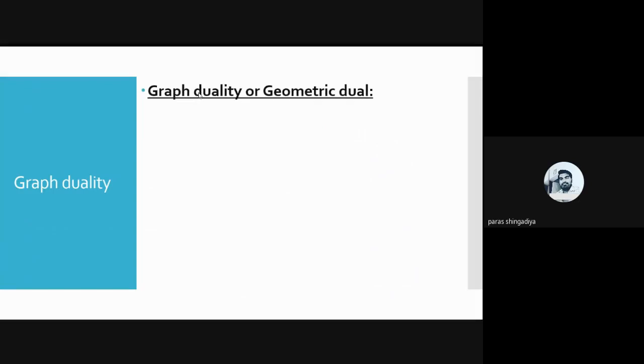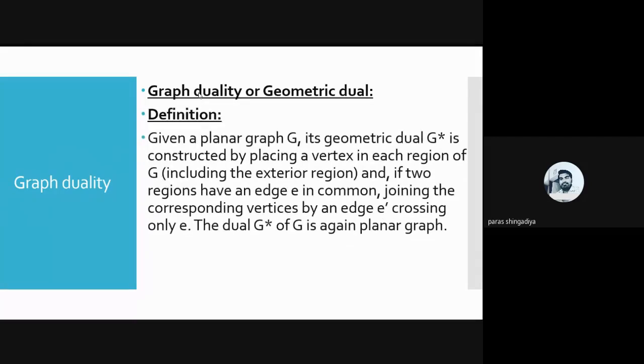Then after that we discussed graph duality, or the geometric dual. What is the definition? We have one planar graph G, and its geometric dual G star is constructed by placing a vertex in each region of G, including the exterior region also.